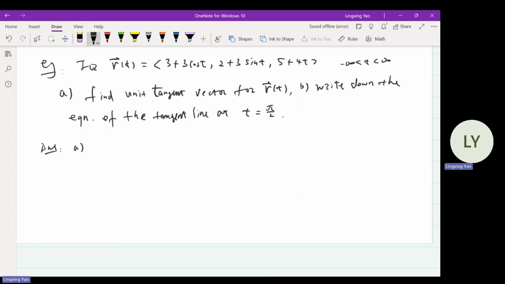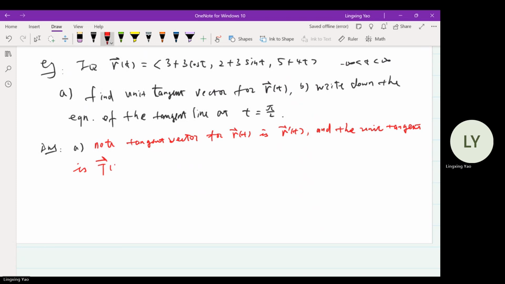Well, for the first part, we know what a tangent vector is, right? It is R prime of t. And furthermore, the unit tangent, which we denoted by the T vector, is the tangent vector divided by the length of the tangent vector.